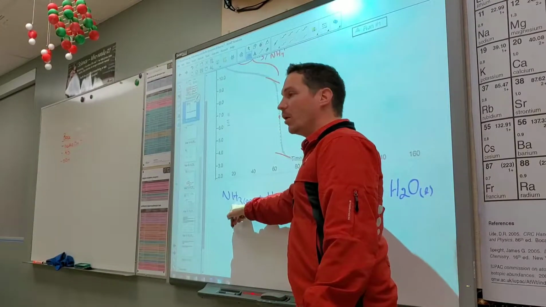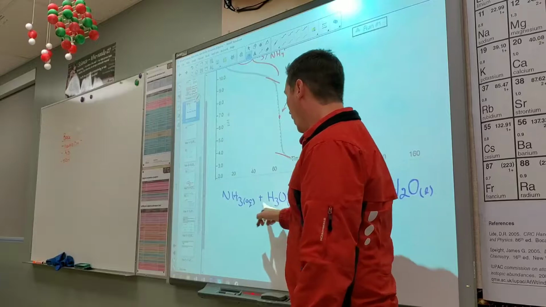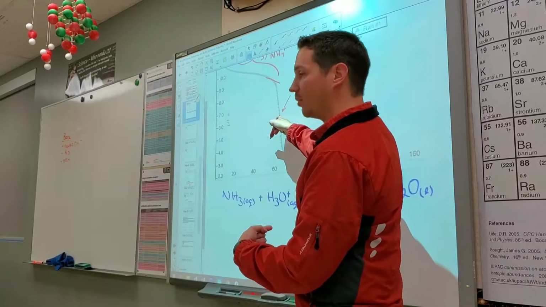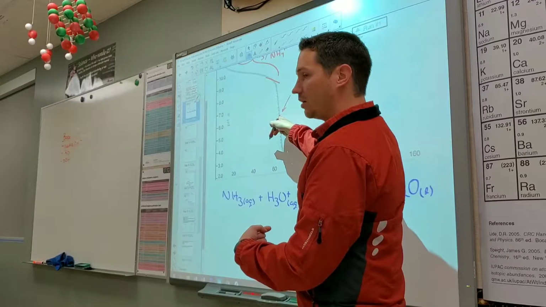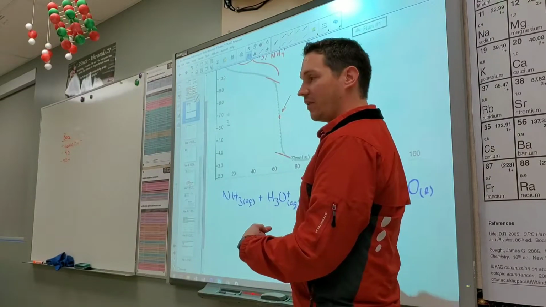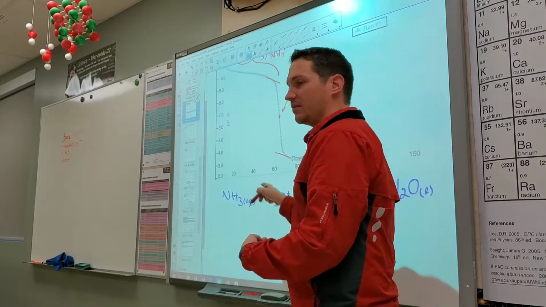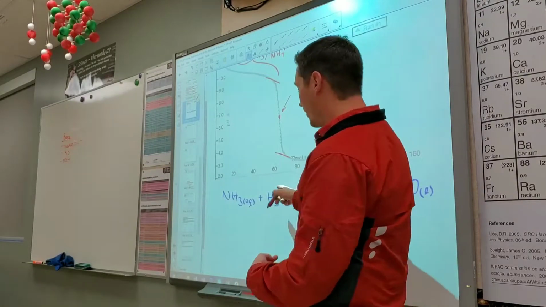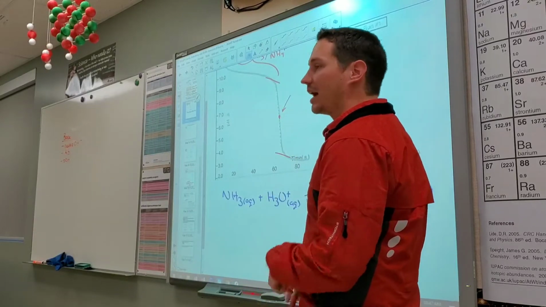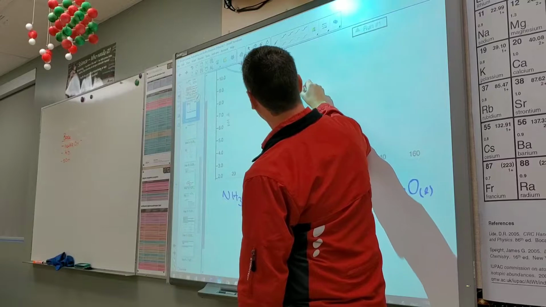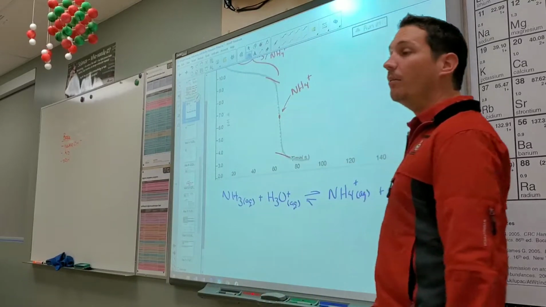Do I have any ammonia left over? No, because it all reacted with the hydronium. Do I have any extra hydronium at that point? At that point, what do we define that point to be? Equal or equivalent amounts of that and that, right? For every one of these that reacted, one of those reacted, and absolutely no more. So the only thing we have is ammonium.